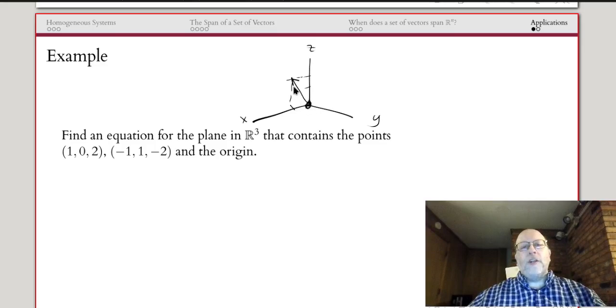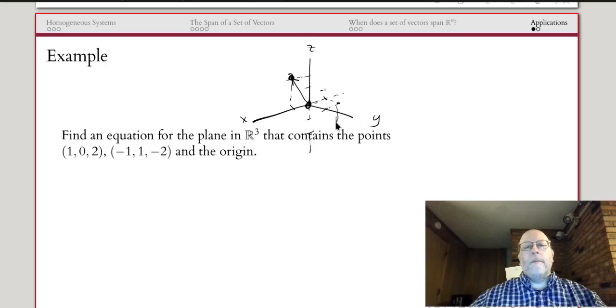And then the point -1, 1, -2, so that's 1 backwards in the x direction, 1 forwards in the y direction, and then 2 down in the z direction, so that's going to be down here somewhere. And I want to find the plane that contains these 3 points.